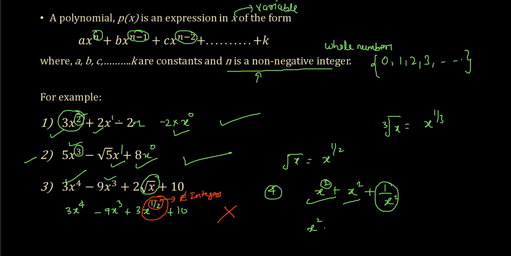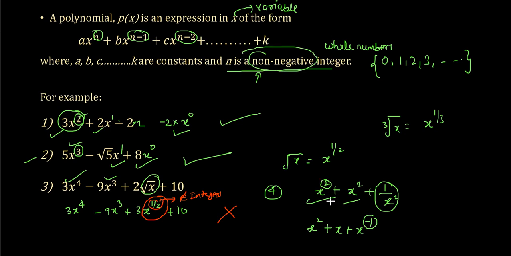We will write this as x square plus x raised to power minus 1. We have to bring the variable from the denominator to the numerator by writing a negative sign to the exponent. Now here minus 1 is an integer, but it is a negative integer. Remember, it should be a non-negative integer.